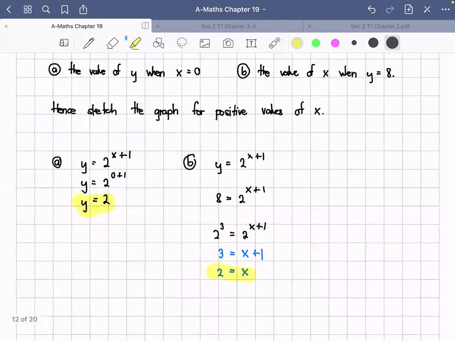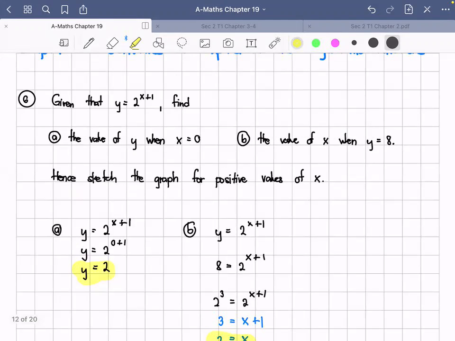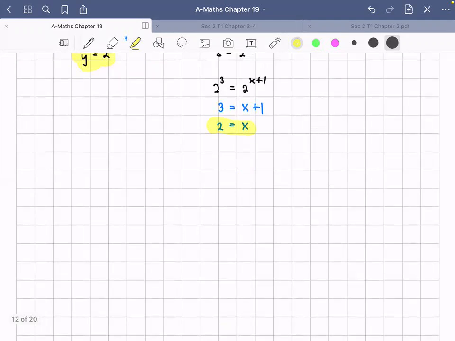And then, for the last question, hence, sketch the graph for positive values of x. So we just graph 1, 2, and 3. First we need our points.